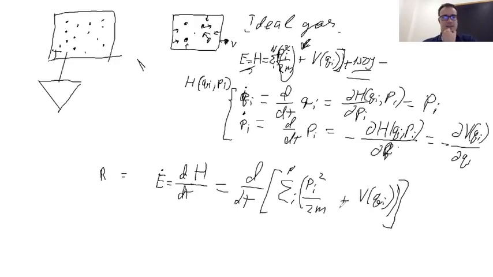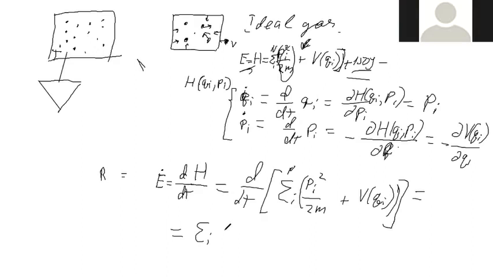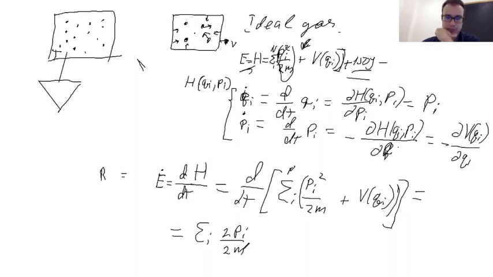Okay, so I put the derivative inside the sum. What do I get from the kinetic term? 2 pi pi dot divided by 2m, which can be simplified, right?